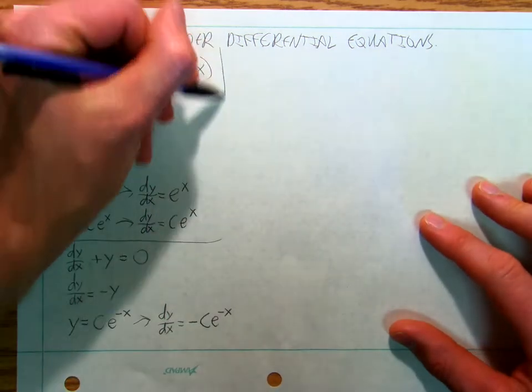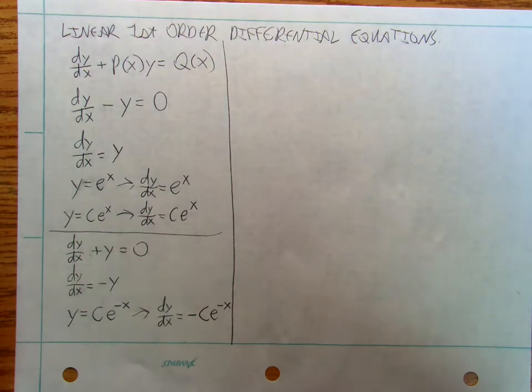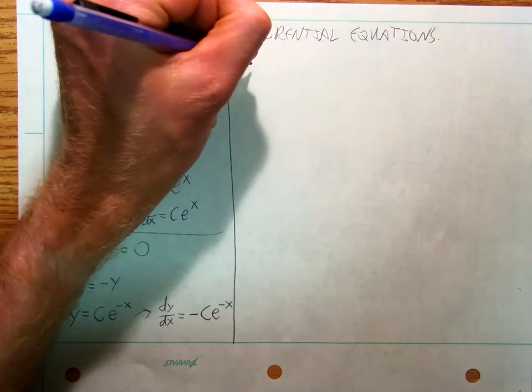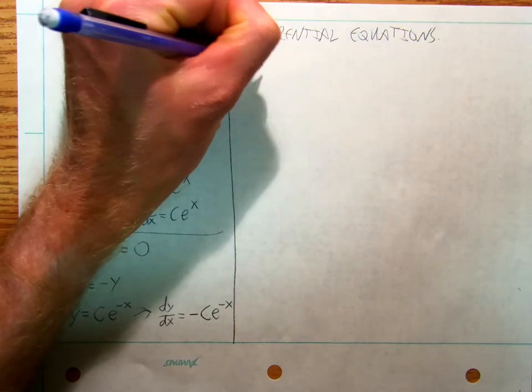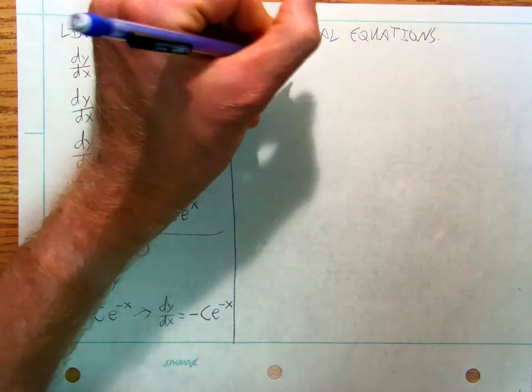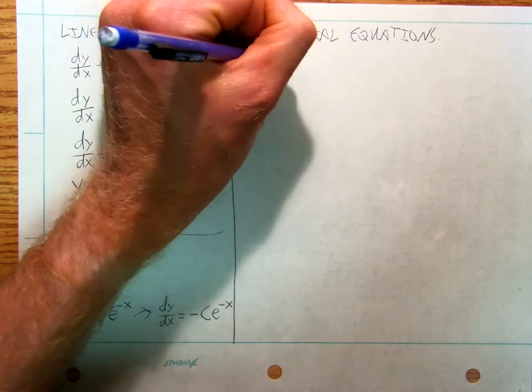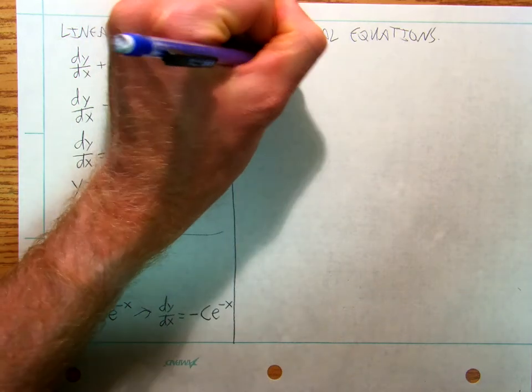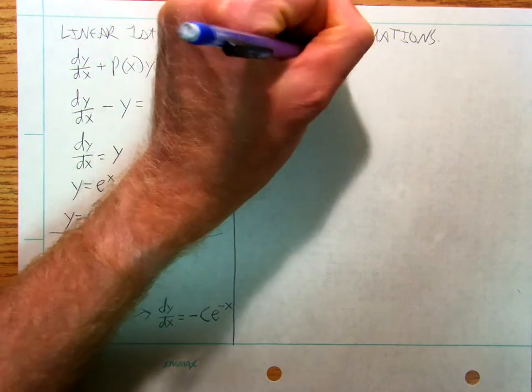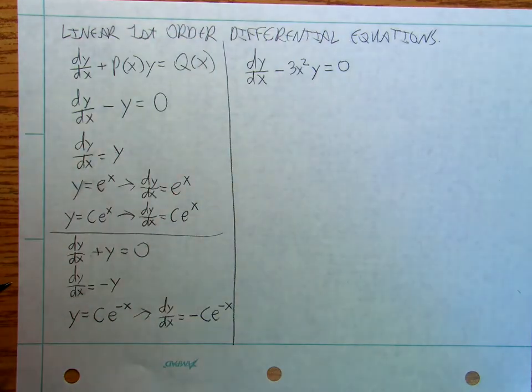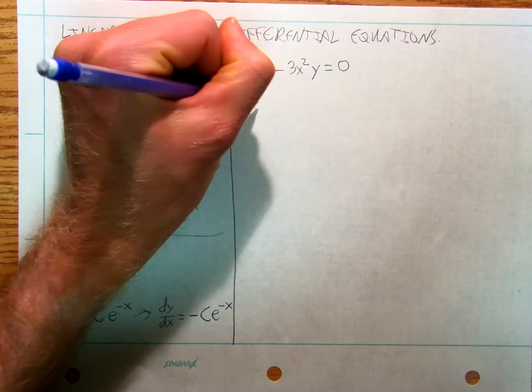Okay. Looking a little bit harder, the next place I want to go is I want to say dy/dx minus 3x squared y equals 0. Okay, change that around.